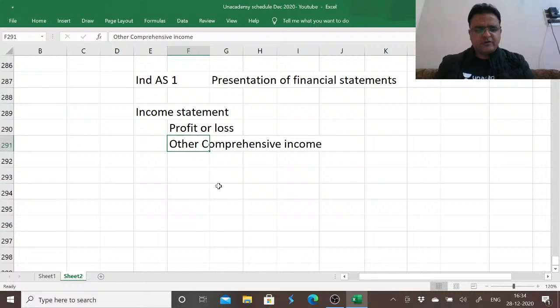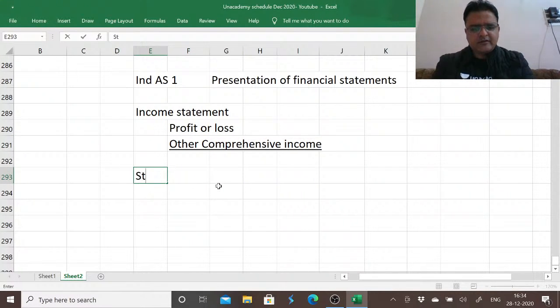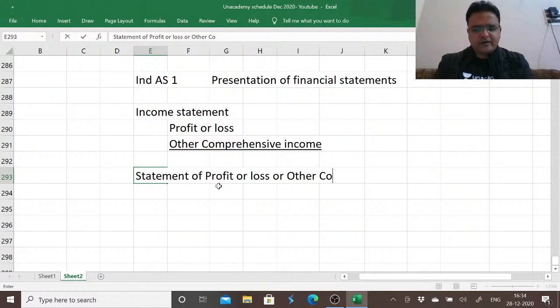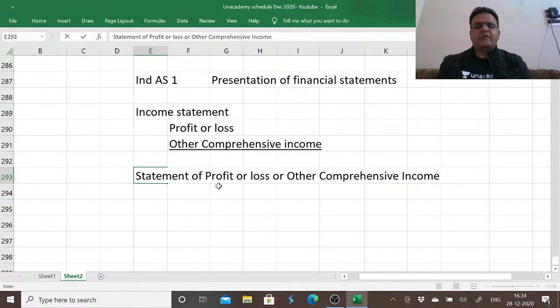So I'm going to discuss with you the items of other comprehensive income. At the global level, this is known as a statement of profit or loss or other comprehensive income. If someone has been following IFRS earlier, they have seen there was confusion in the heading of this statement.